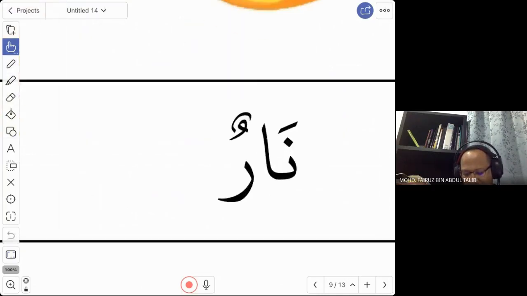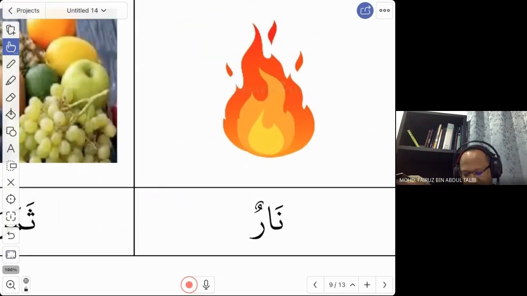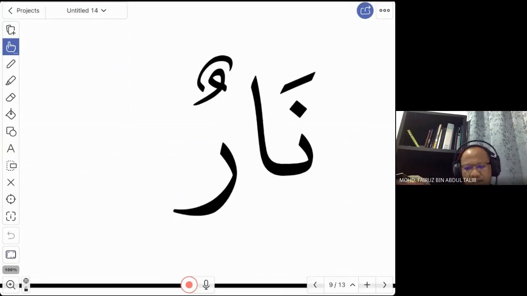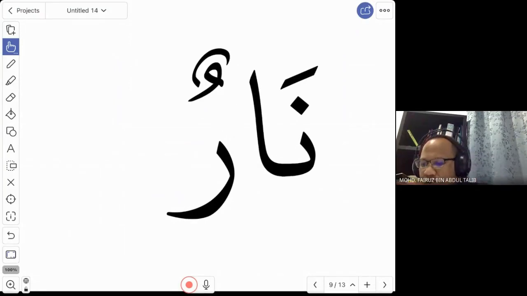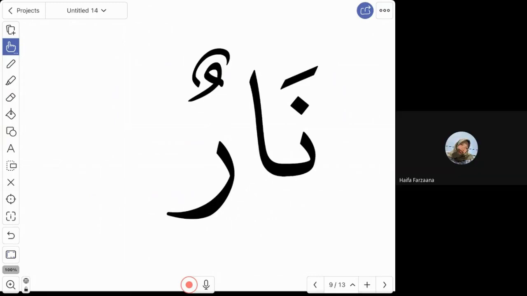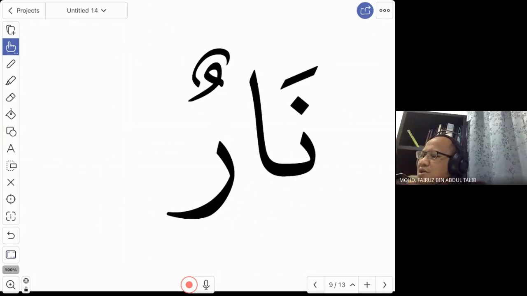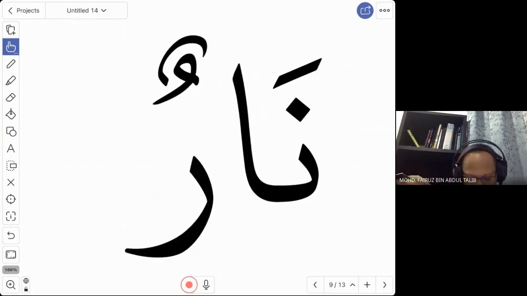Okay, let us try number one. This is for the word fire. Yes, who wants to try this? Fire. Anyone? This word fire. Narun. Okay, good. So this is narun. Now, what if I want to skip this vowel or this tanwin?